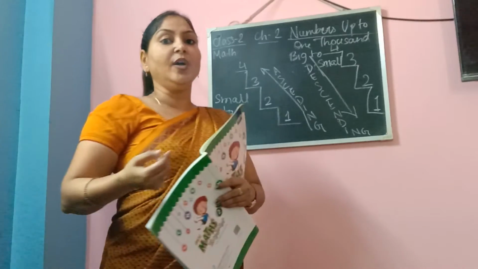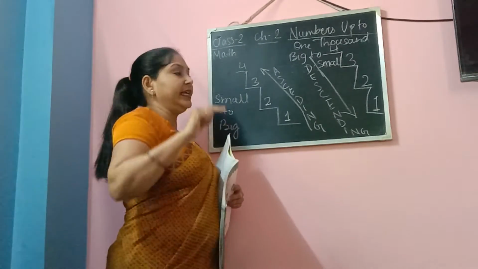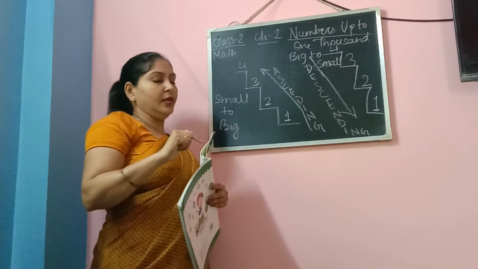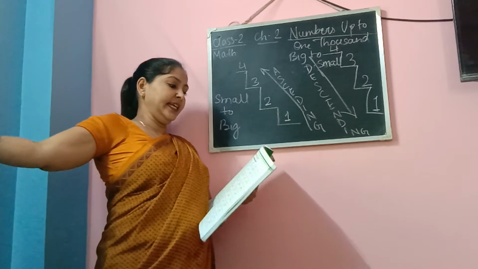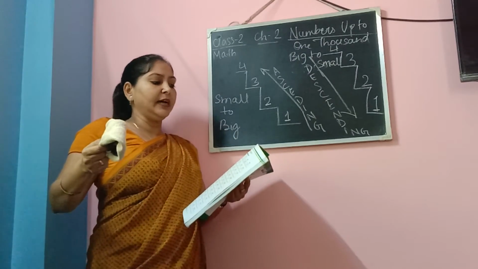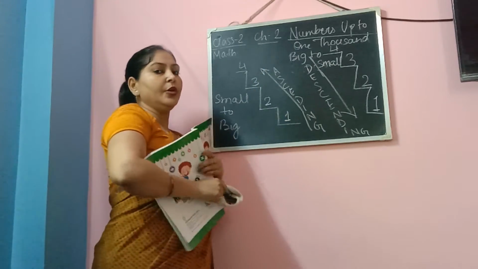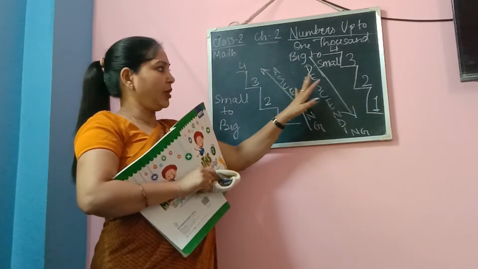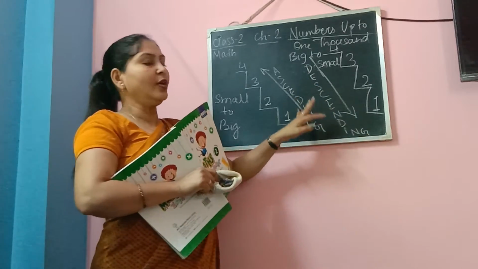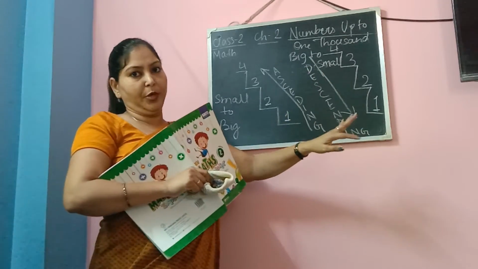Okay. Ascending order means small to big and descending order means big to small. Alright. So let us take one example here. Arrange the numbers in ascending order, it is given. So what you will do, you will copy this concept that I have drawn on the board. You will copy this in your classwork copy also.